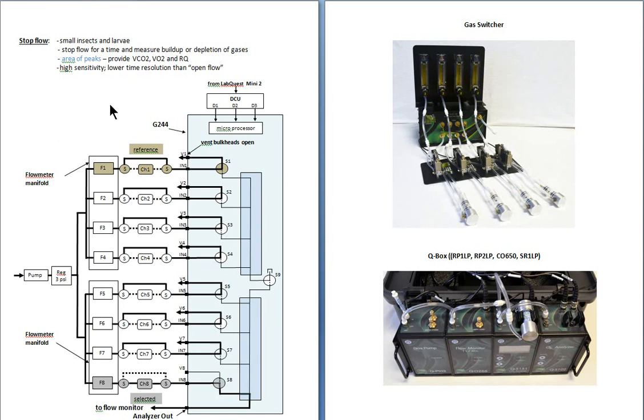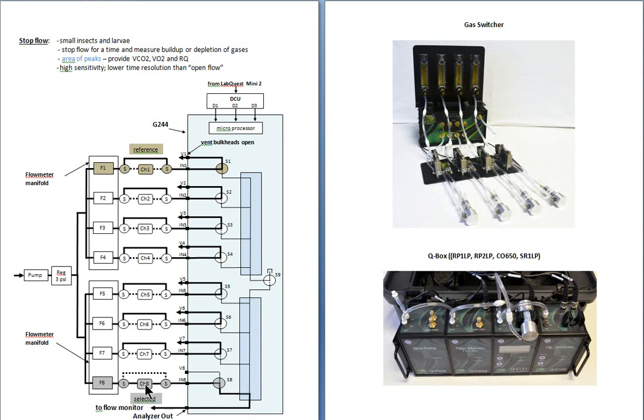So when these solenoids, shown here in this picture, are non-activated, the gas passes around the chamber. The chamber is stopped, in other words. When the solenoid is activated in the selected chamber, the gas passes through the chamber to sweep the stop peaks out to the analyzer for analysis.